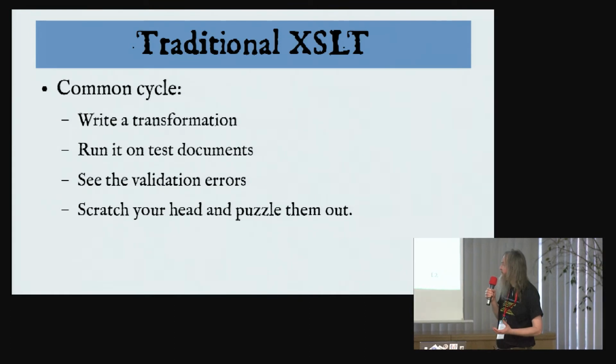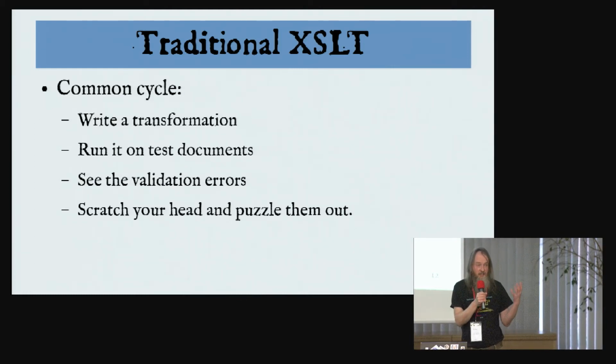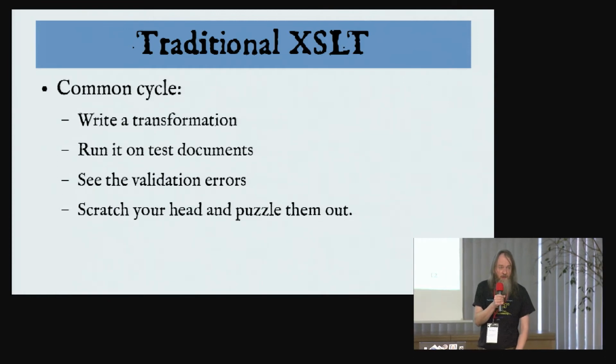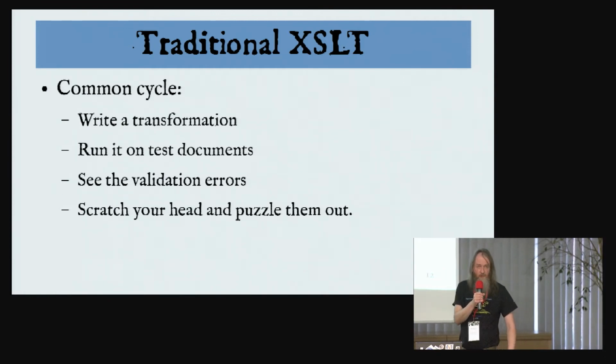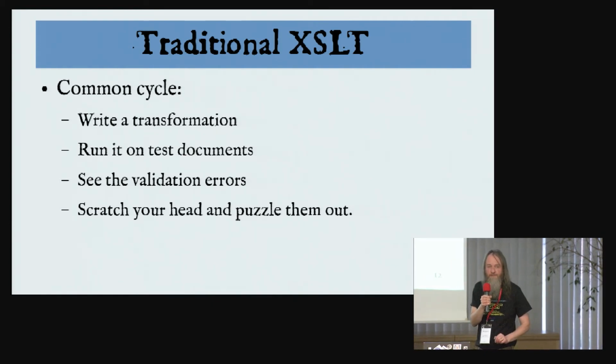You write a transformation, you run it on some test documents. Now, traditionally what happens next is you see validation errors, and you scratch your head and puzzle them out, right? How hard can it be? Well, with a DTD with 300 elements, when you get a validation error, it's not always clear where that came from in the XSLT.